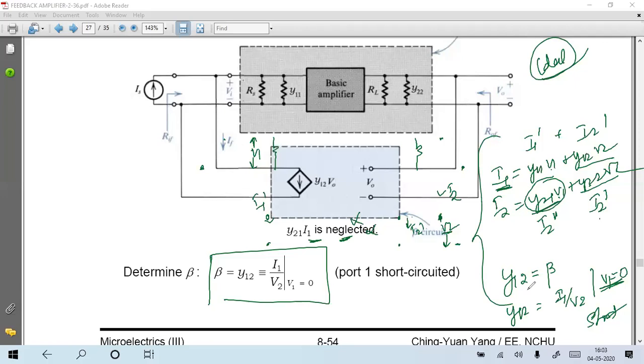I told you how to pick the corresponding two-port network based on shunt and series. Shunt nature means voltage is fixed and current changes, and series means current is fixed and voltage changes, so voltage is dependent.